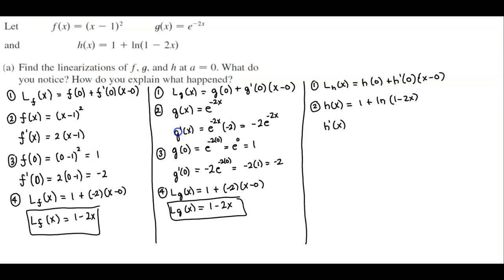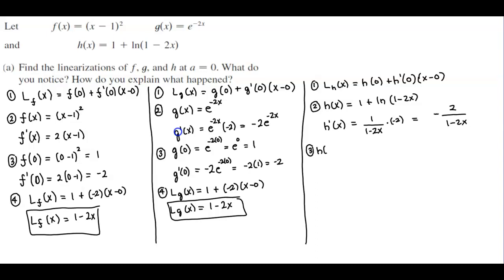And the derivative of this, well, the derivative of 1 is going to give us 0. And the derivative of the natural log of (1 minus 2x) is 1 over (1 minus 2x) times the derivative of what's inside. The derivative of negative 2x is negative 2. So we get negative 2 over (1 minus 2x).